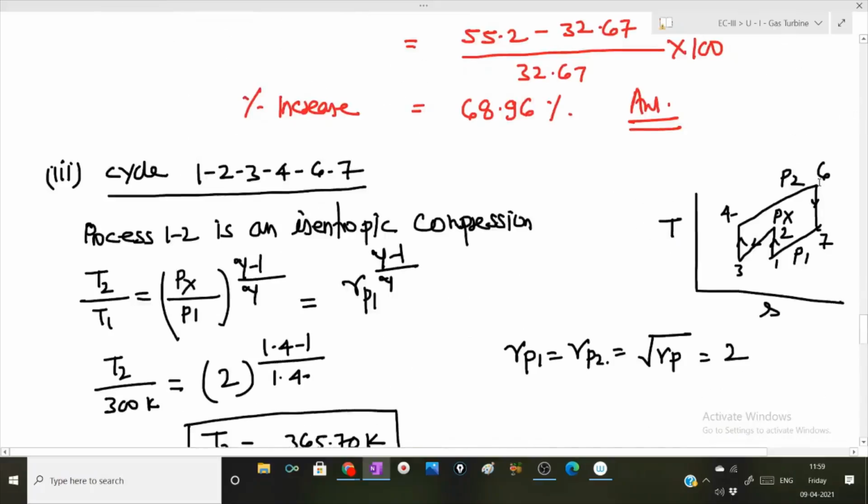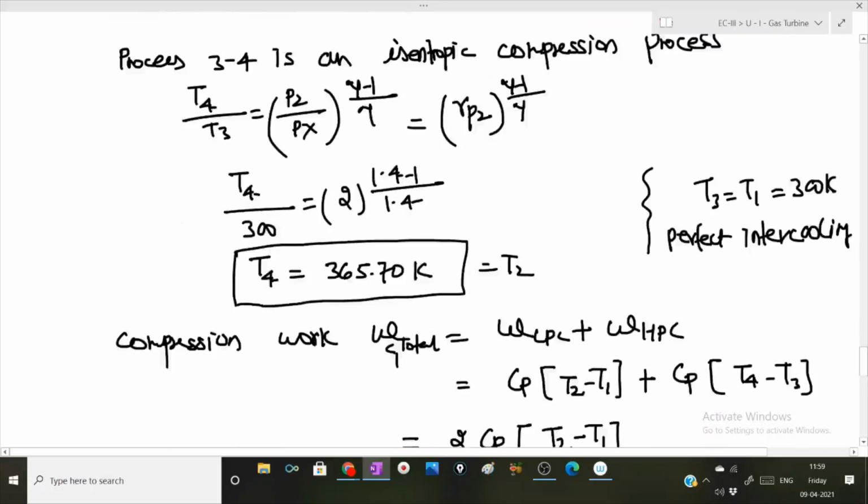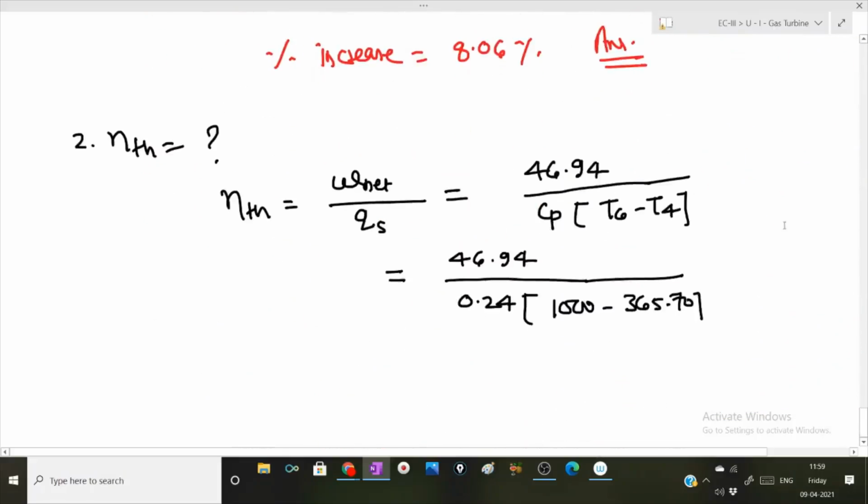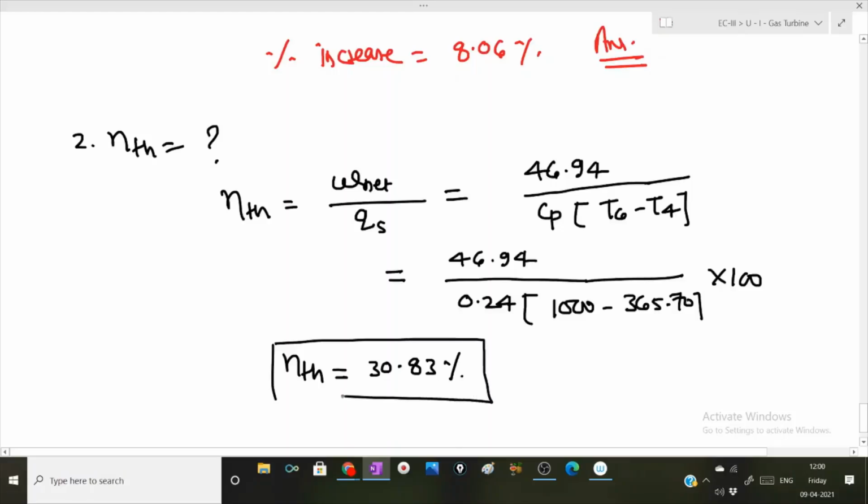From T4 to T6 is the heat supplied in the combustion chamber. So thermal efficiency, is it 30.83%? Yes.